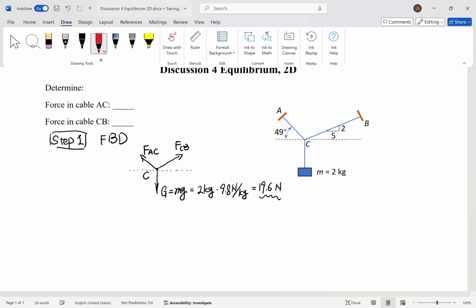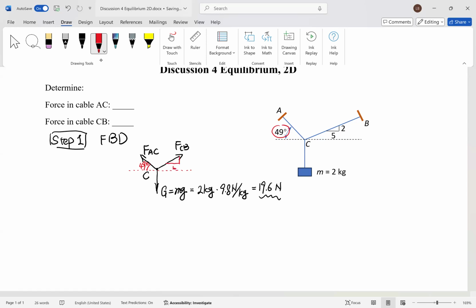Given that we know FAC is along cable AC, the angle between FAC and the horizontal direction is as in the picture, right? It is 49 degrees. For CB here, the slope is expressed by the small triangle with the base equal to 5 and the height equal to 2.